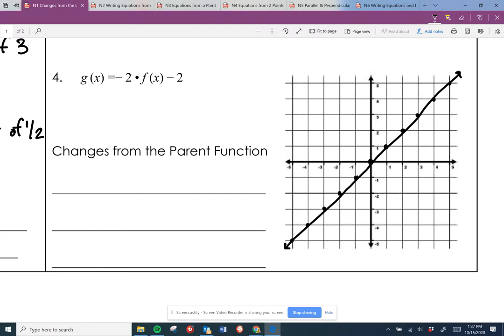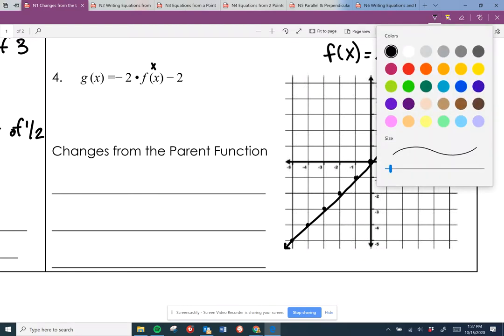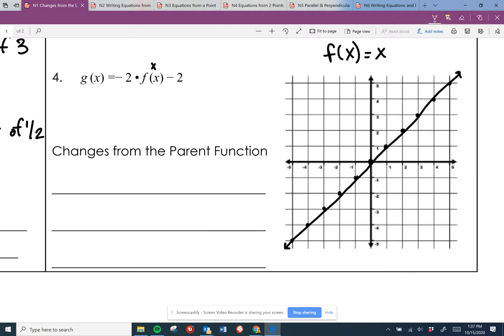So again, we have f of x equals x, okay? So we can substitute x in for f of x here. So the new graph, g of x equals negative 2x minus 2, okay?